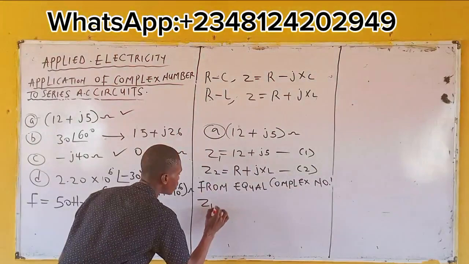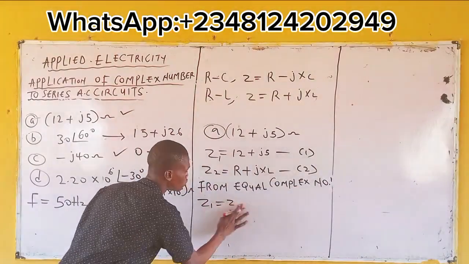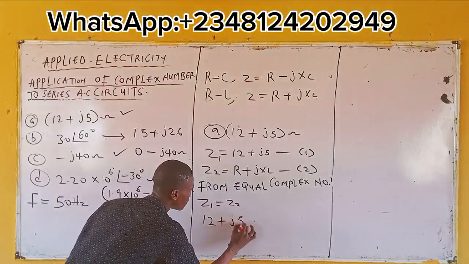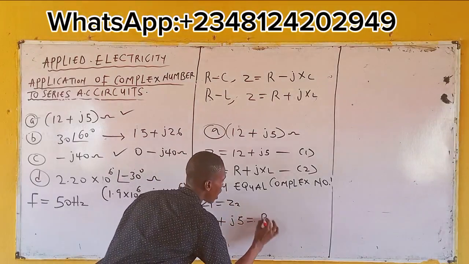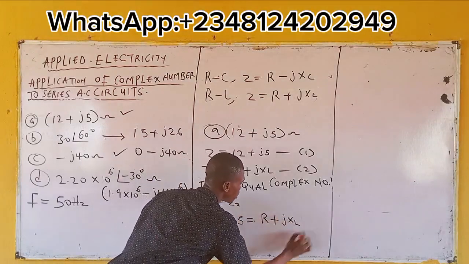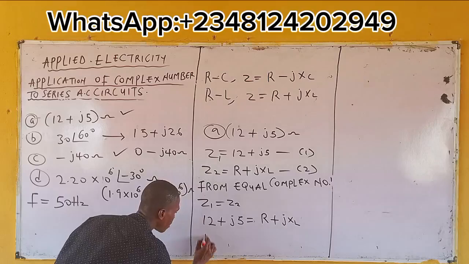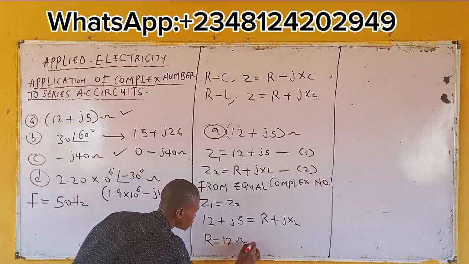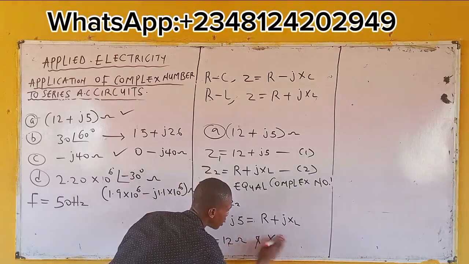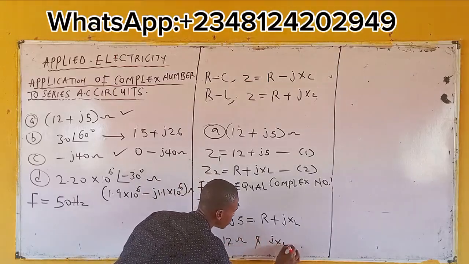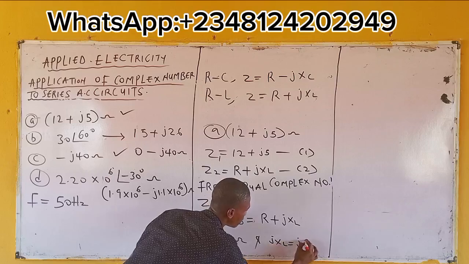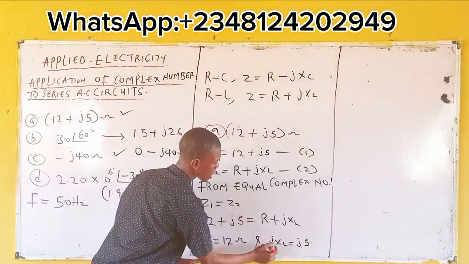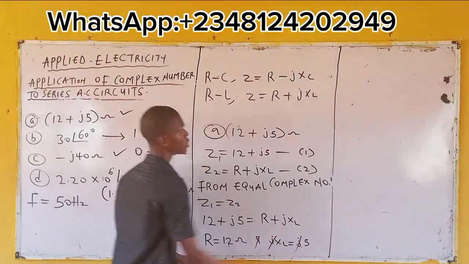Meaning that Z1 is equal to Z2. Now, compare 12 plus J5 is equal to R plus JXL. You can deduce that R is equal to 12 ohms and JXL is equal to J5, right? From here, R is equal to 12 ohms. Observe, J cancels J, true or false? You are left with what?